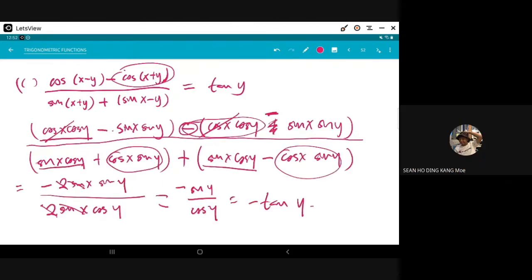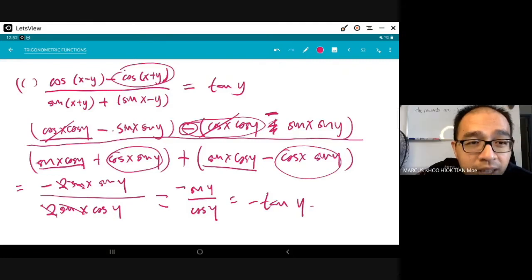Did I get that right? Your cos x minus y should have positive in the middle, not negative. Oh yeah, you're right.